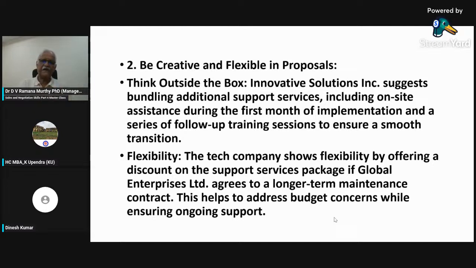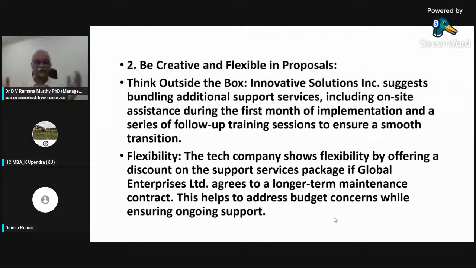It suggests building additional support services, including on-site assistance during the first month of implementation, and a series of follow-up training sessions to ensure a smooth transition. Please note, this is thinking outside the box, creative thinking, on how a client organization can be helped through the process of implementation.